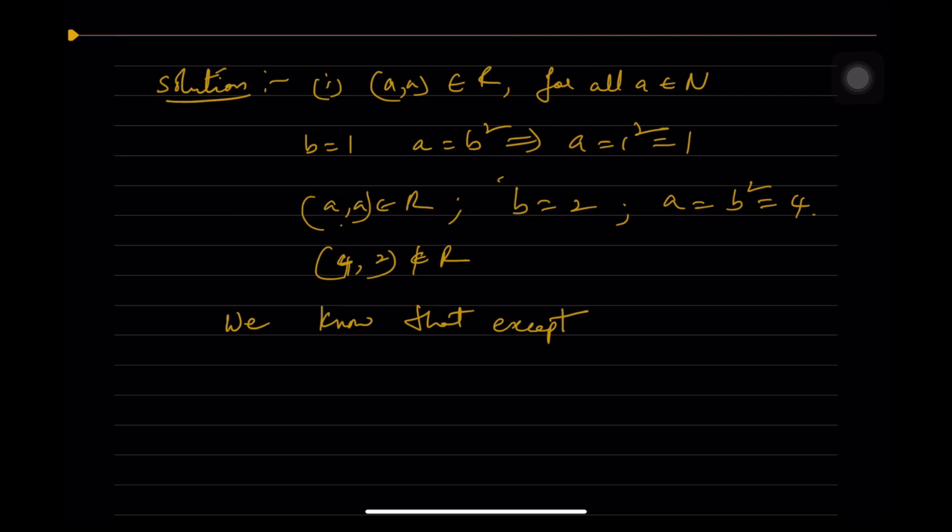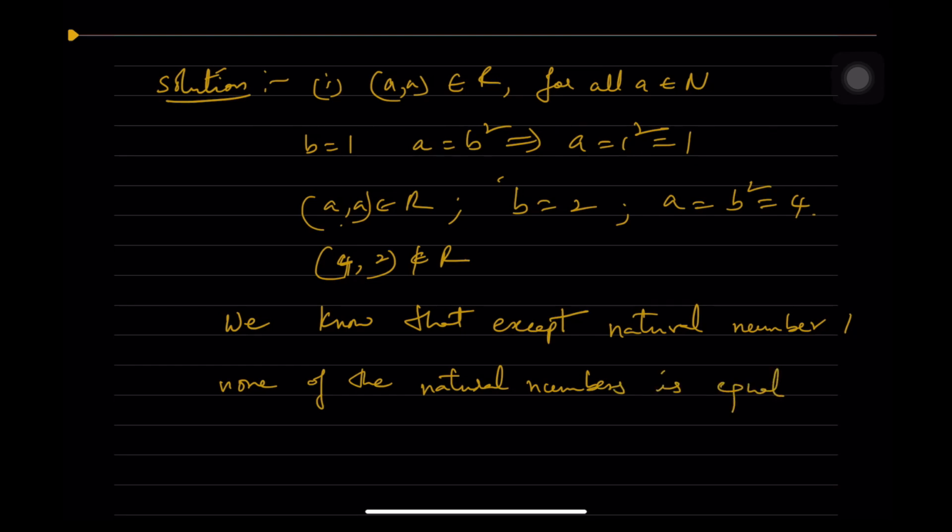Therefore, here you can write that we know that except natural number 1, none of the natural numbers is equal to its square.